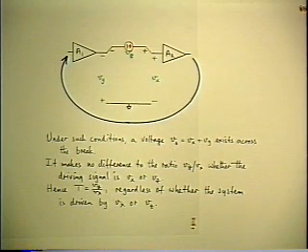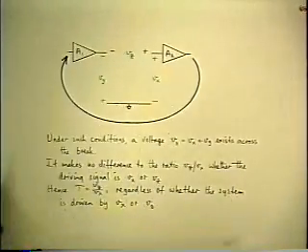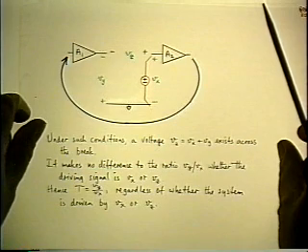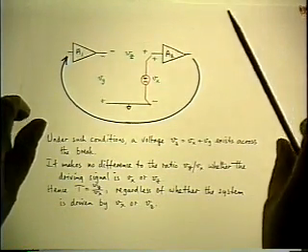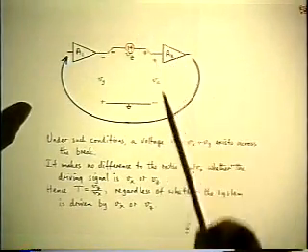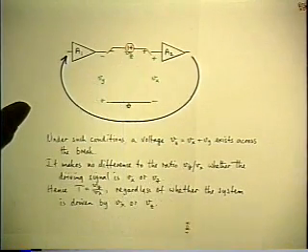So to put that in words, the first method involved breaking the loop, applying a test signal and measuring Vy over Vx. The second method implies that you don't break the loop, but you inject a test signal into the closed loop. The loop remains closed.